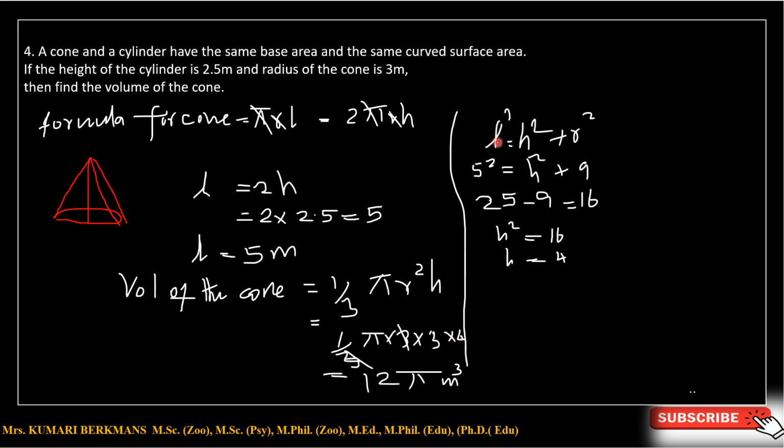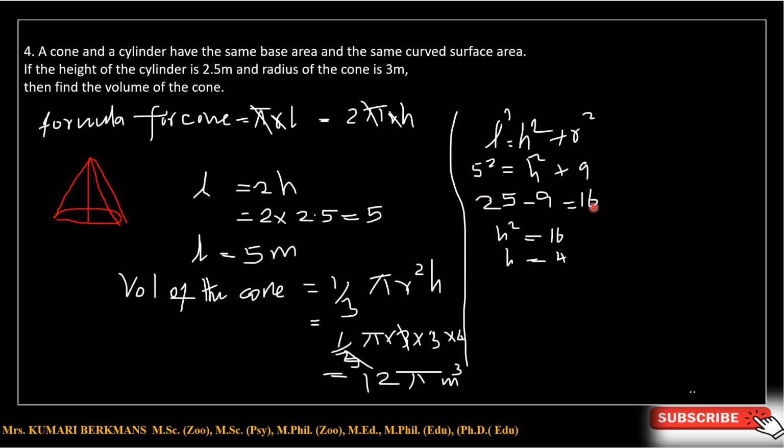How to find out the h? L square is equal to h square plus r square. L we know that is 5, so 5 into 5 it is 25. Now h square, let it be. r we know is 3 meter, so 3 into 3 is 9. So let us subtract this.